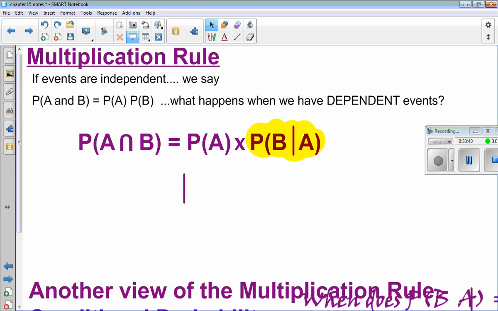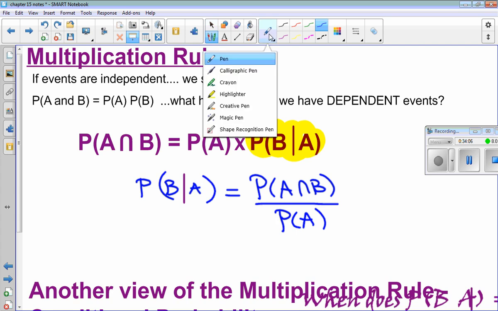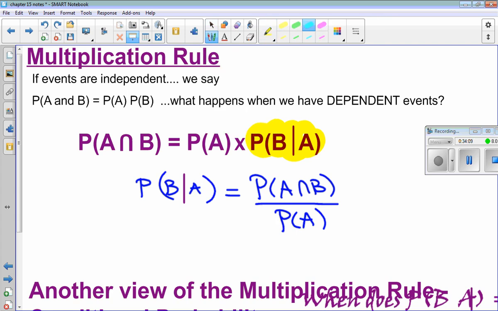The probability of B given A is just equal to the probability of A and B divided by the probability of A. It helps me remember when I'm looking at these that the given that and what you divide by are the same.